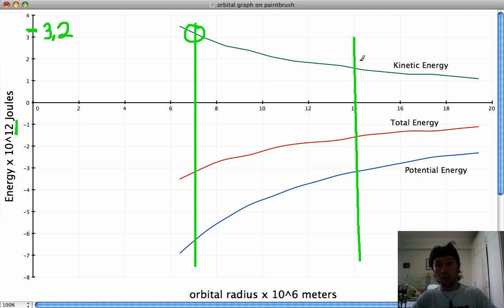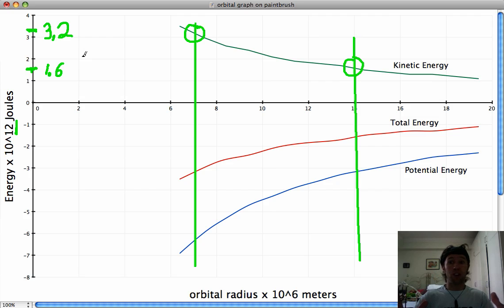It's a lot of energy. If you move it out, its kinetic energy is going down to only about 1.6 times 10 to the 12th joules. And that's actually sort of interesting, that if you double the orbital radius, you cut the kinetic energy in half.